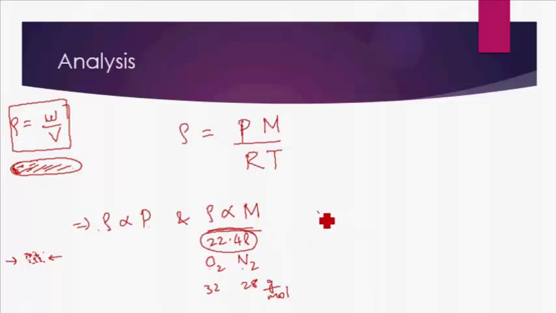And lastly, density is inversely proportional to temperature. So if I increase the temperature, density is decreasing. Why is that? If I increase or decrease the temperature, mass is not going to change. Conservation of mass, right?